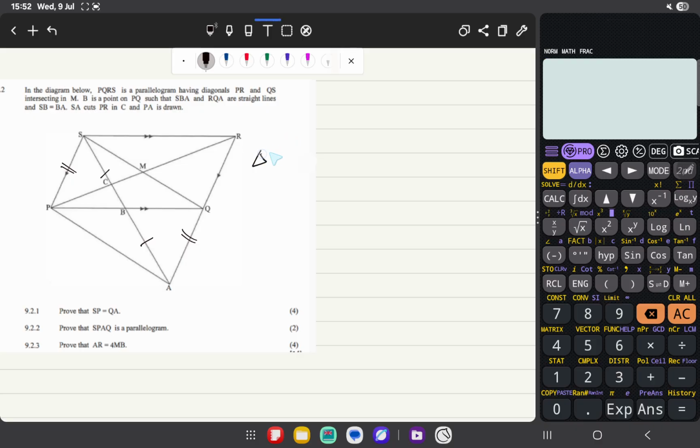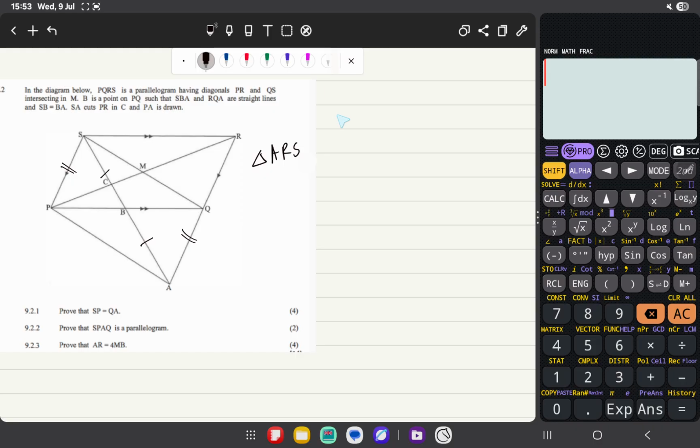Look at triangle ARS. What do you see? You have parallel sides and you have B, which cuts SA into equal sides, right? So therefore there's the midpoint theorem, right?